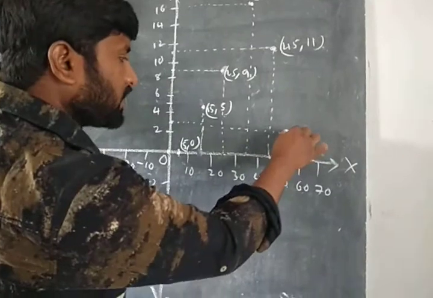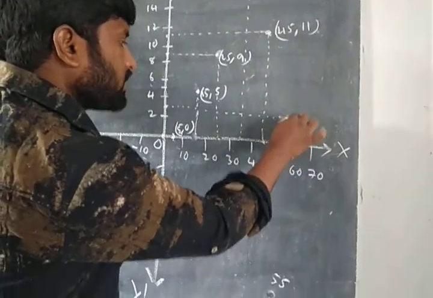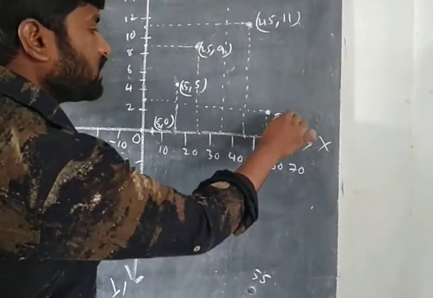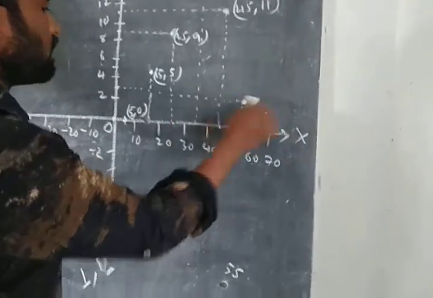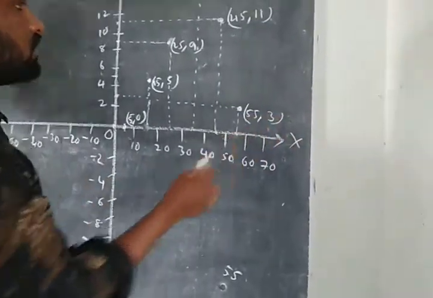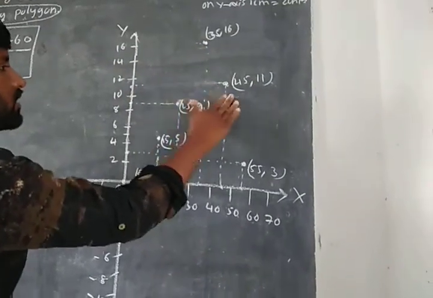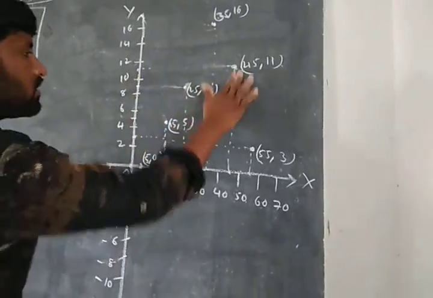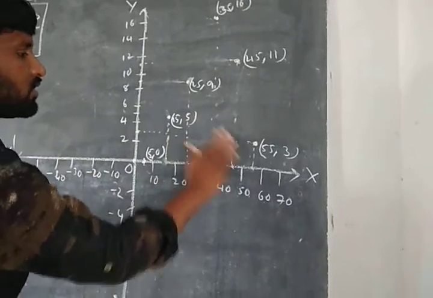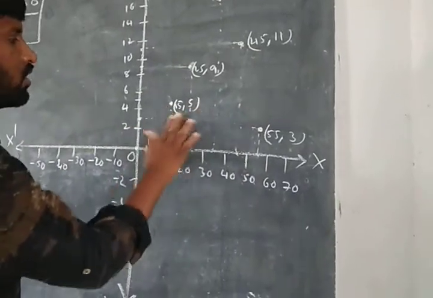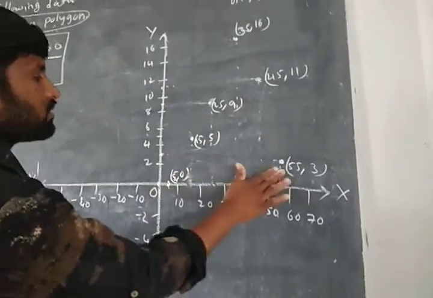So we can take it like this. This is the required point, 55 comma 3. Now these are no need, only consider the points. Okay students, only consider the points.